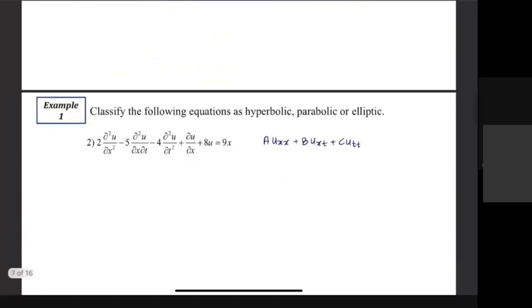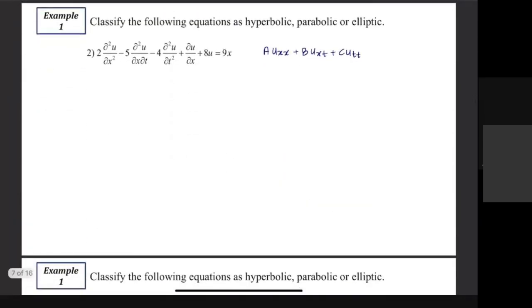Okay, let's look at example 2. Same as before, you must make sure the equation is in the general form. So uxx, this is A. B is for x and t. And then this is C. And substitute into B square minus 4AC.